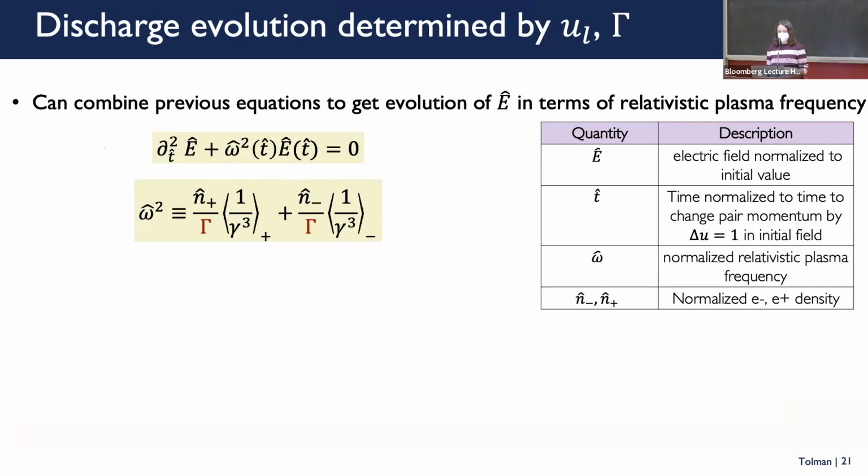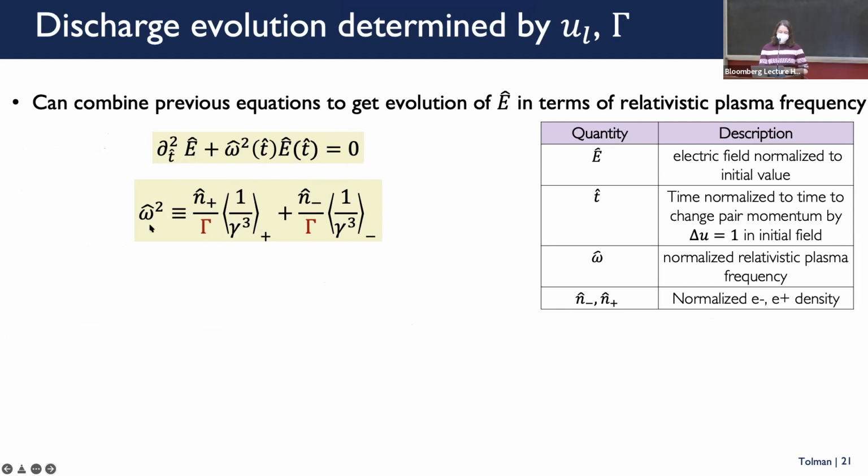All right, so I can also combine the previous equations to get an equation for the evolution of the electric field in terms of a relativistic plasma frequency. This is likely familiar again to people who are plasma physicists, but baffling to everyone else. But basically, you have a second derivative of the electric field. You've got some frequency, and then you've got the electric field again.